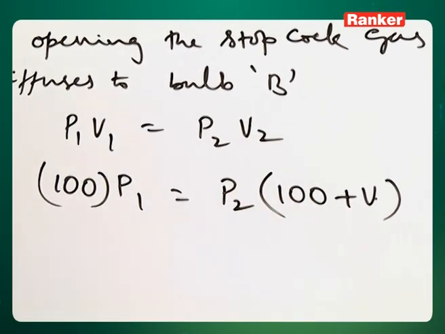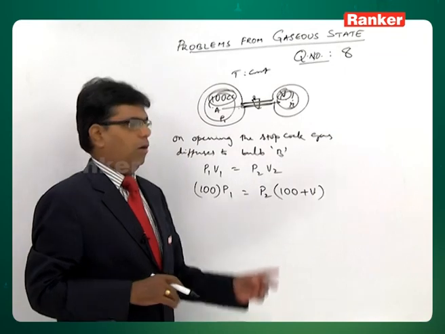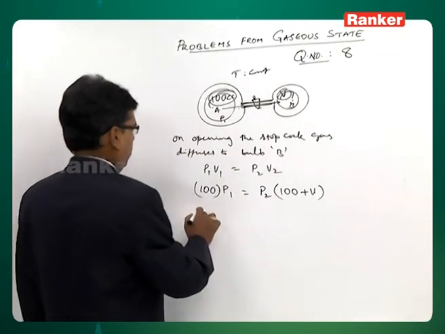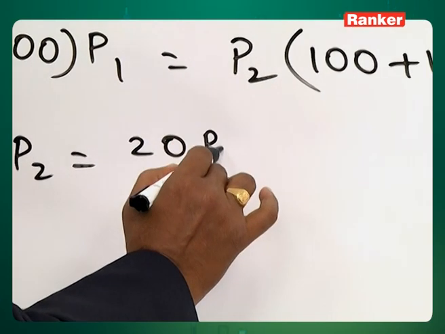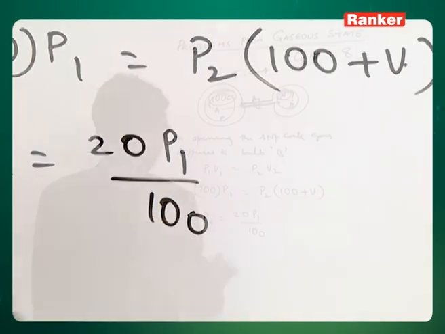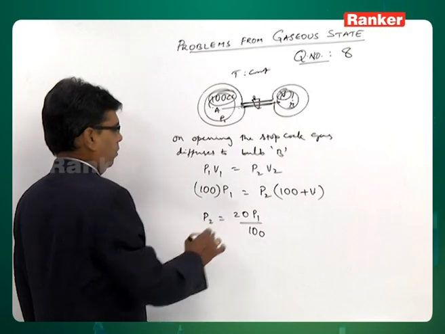Now, the pressure fell down to 20%. That means P2 is 20 P1 by 100.